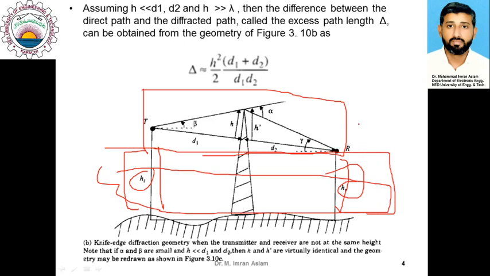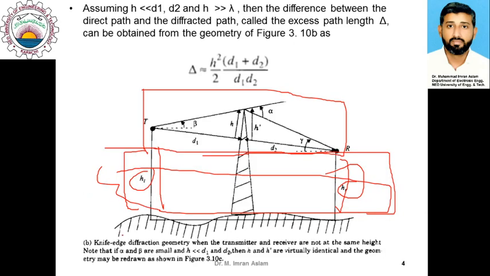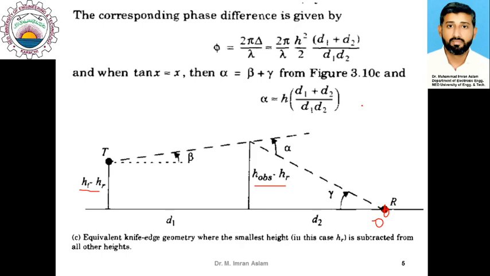So everything is shifted downward. You can see that the receiver becomes at height 0, the obstruction becomes at height of obstruction minus HR, and the transmitter side becomes at height ht minus HR, because we have reduced the height of HR from all the possible heights. With this reduction in height, we get a relatively simple geometry here.